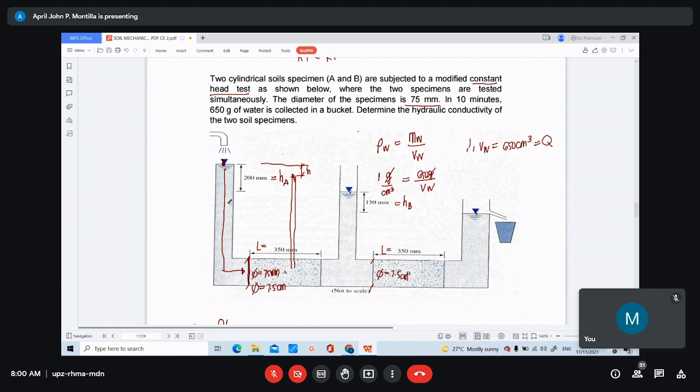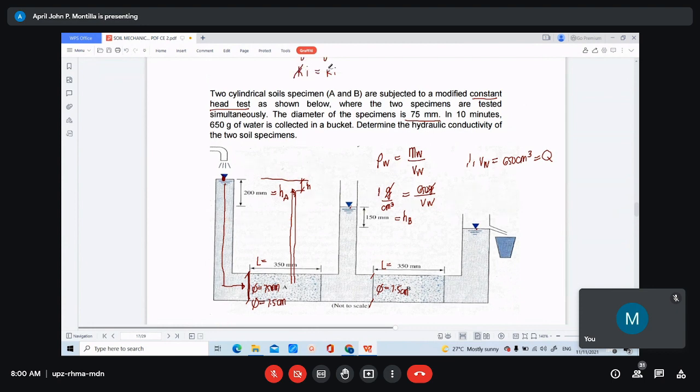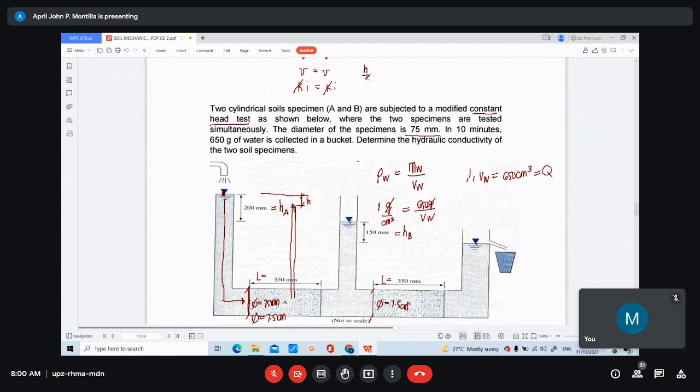Kapag ina-analyze mo yung head loss between these two piezometer at yung head loss between this piezometer and this piezometer, iisang lupa lang yung ating kinonsider. That is why hydraulic conductivity ay parehas lang. So sa formula dito or equation dito, cancelled na. You can say that hydraulic gradient is equivalent to hydraulic gradient. Ano bang hydraulic gradient? H over L. Equivalent to H over L.